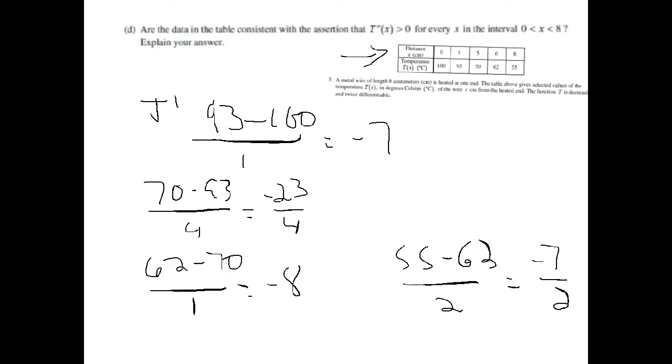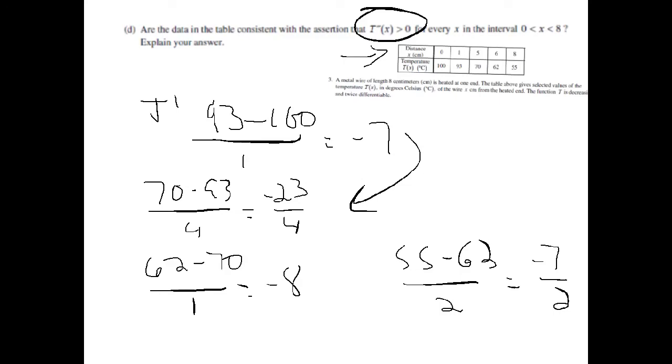So we're trying to find if T double prime, or the rate of change of T prime, is greater than 0. When I go from this interval to this interval, that rate of change is greater than 0 because negative 7 is less than negative 23 over 4.